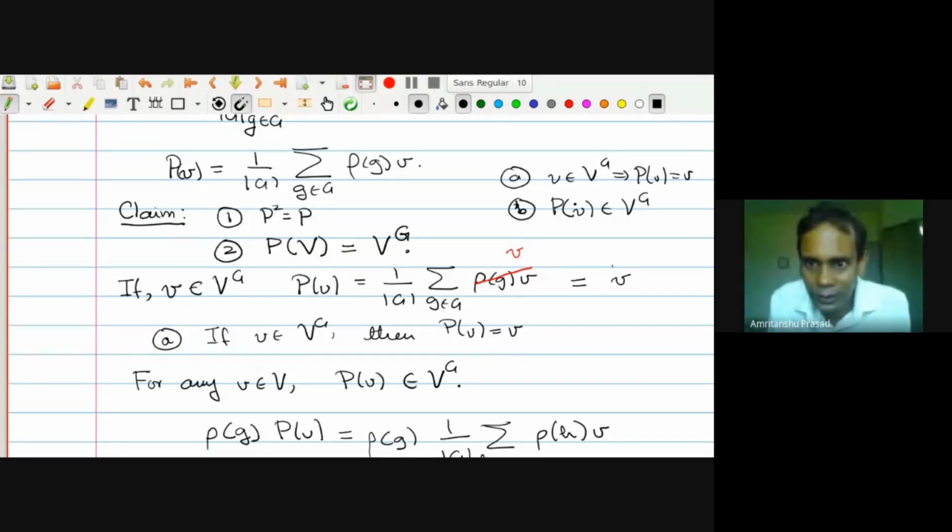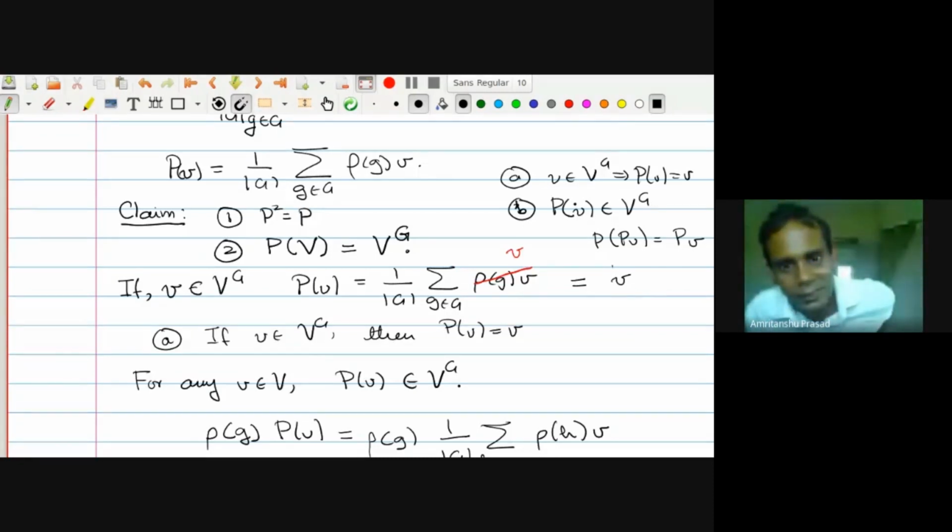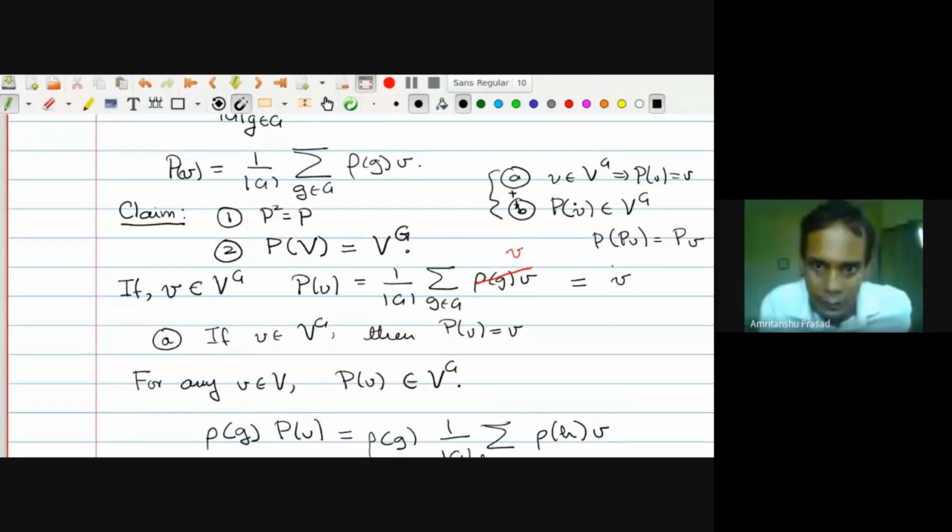Right? So if you take P of V, then P of V is in VG, so P of P of V is equal to P of V. So P squared is P, and if you take an invariant vector anyway, you know that P of V is V. So if you have a vector in VG, then it is in the image of P. So both these, A plus B, this implies 1 and 2.